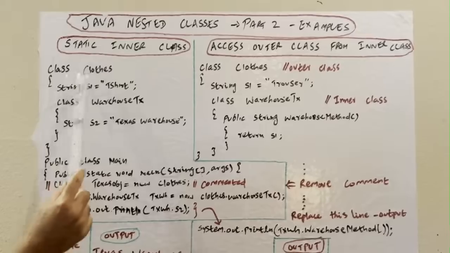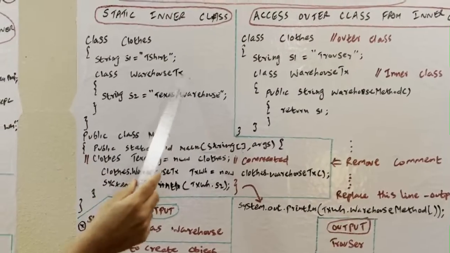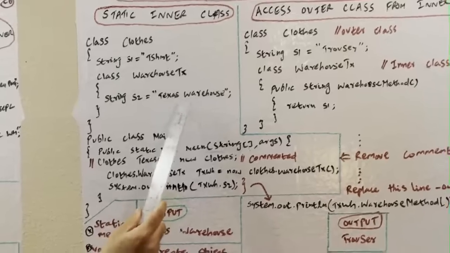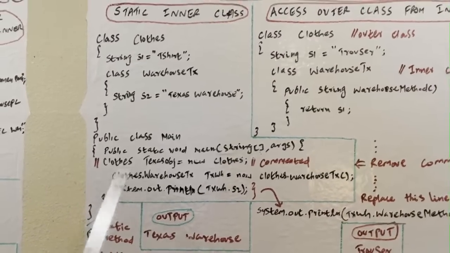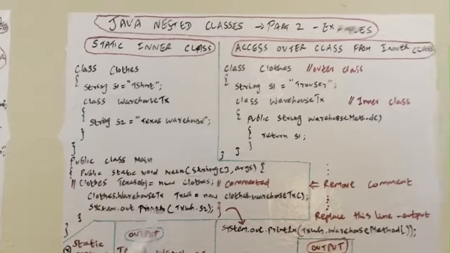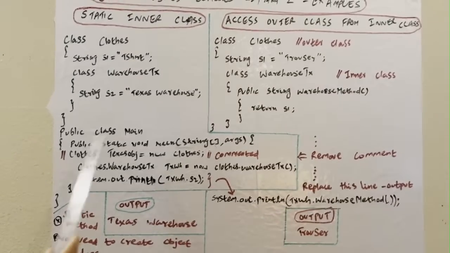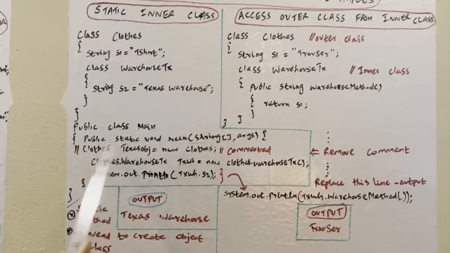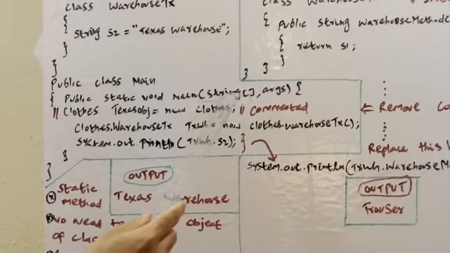Same thing, class clothes, string s1 equal to t-shirt. Class warehouse Texas, string s2 equal to Texas warehouse. And here, if you use a static inner class, then you don't have to instantiate the object. So public class main, public static void main method.